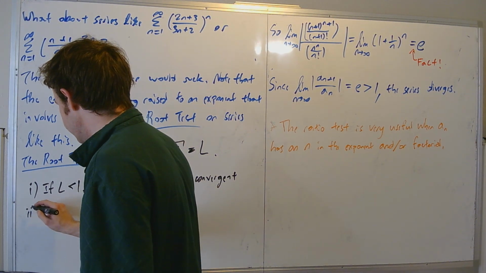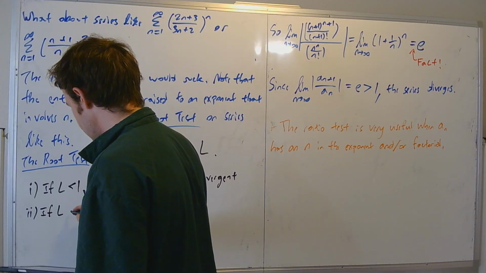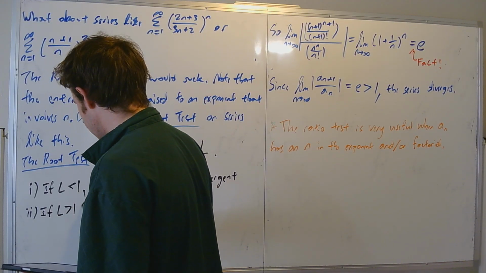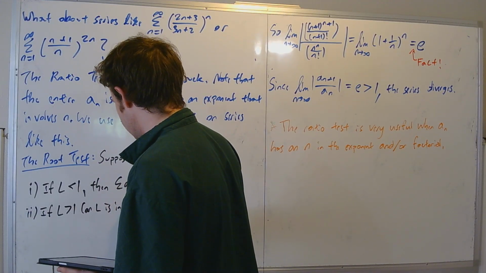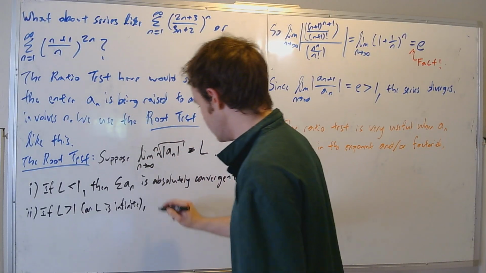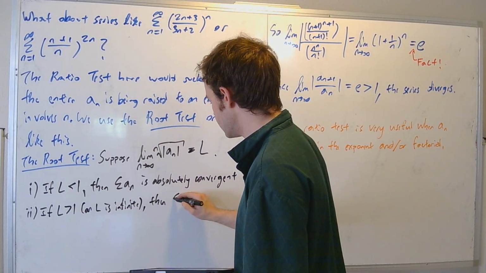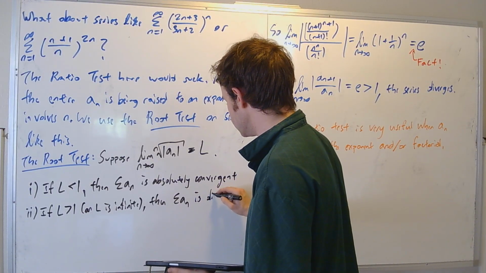Number 2 is going to say if L is greater than 1 or L is infinite, then the sum of a_n is divergent.